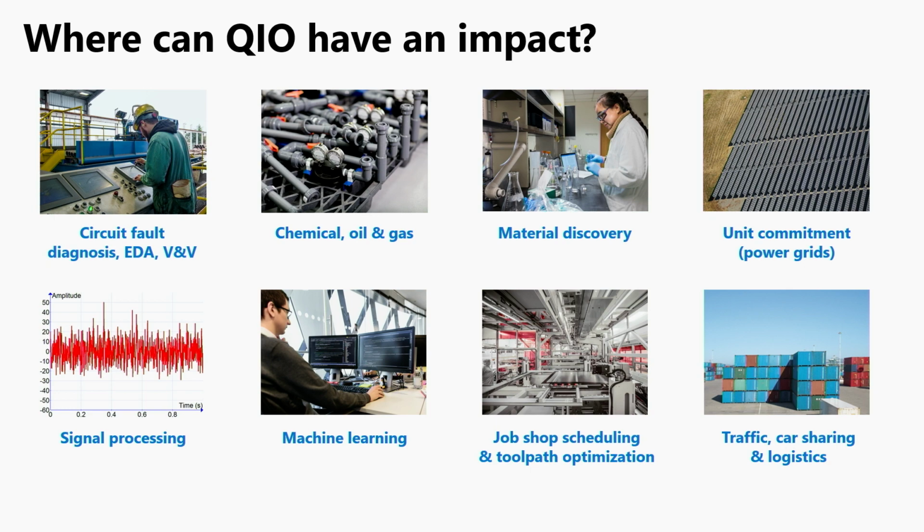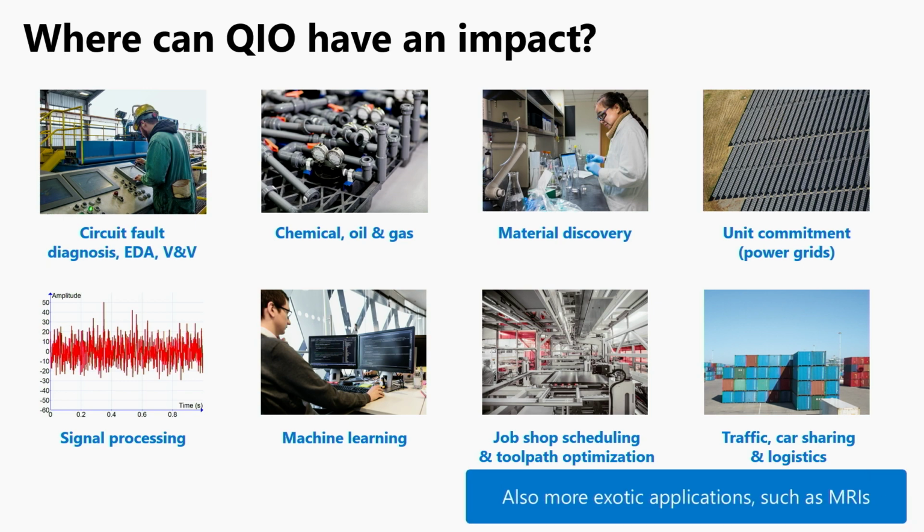Job shop scheduling and toolpath optimization. If you have a plant that is trying to build a vehicle, how you distribute the machines onto the different teams for different workers to make this happen faster. And finally, of course, traffic, car sharing, and logistics. But as I will show you later, we also have far more exotic applications, such as optimizing MRI's pulse sequences.